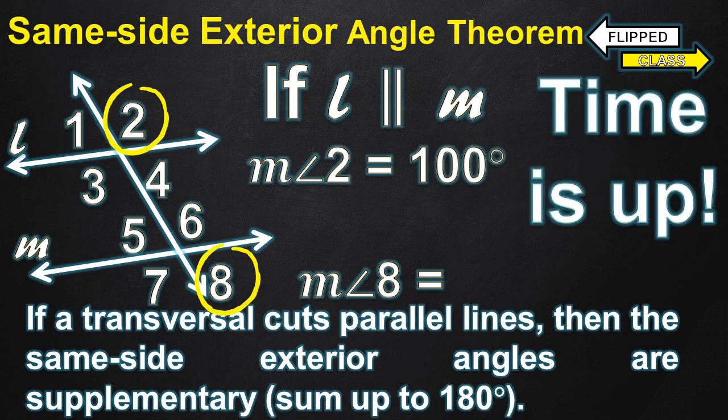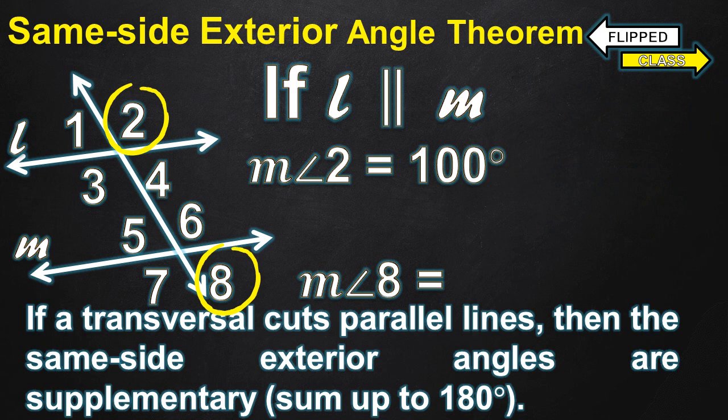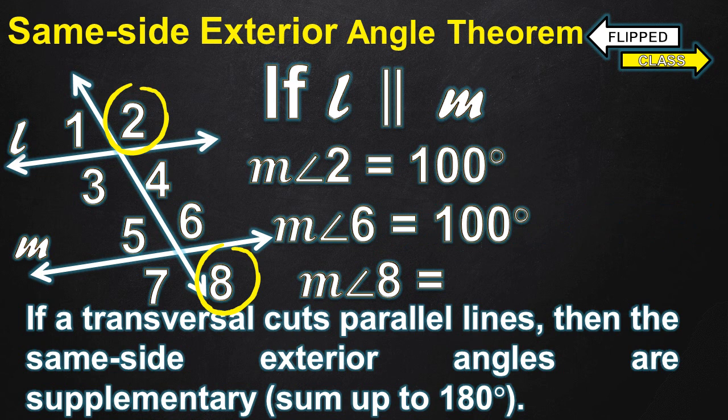Time is up. Now, again, similarly, we can come up here with a relationship using the corresponding angles postulate because the lines L and M are parallel. Then we can say that the measurement of angle 2 is 100 degrees. Measurement of angle 6 is also 100 degrees because they are corresponding angles.